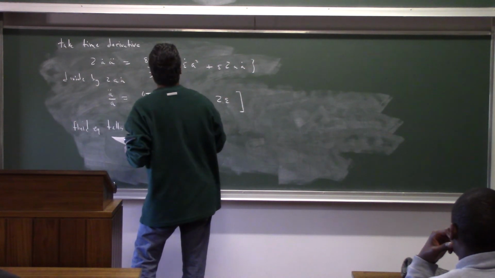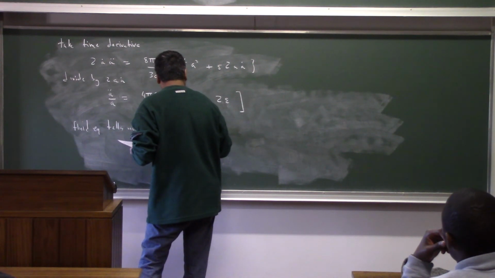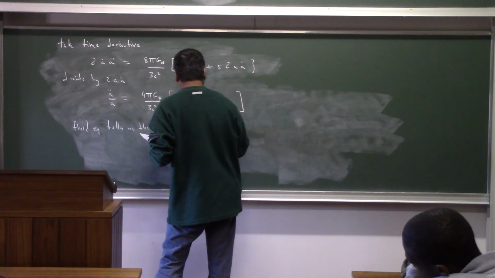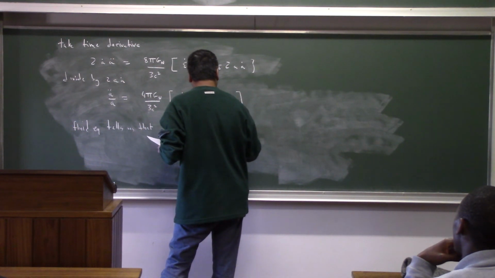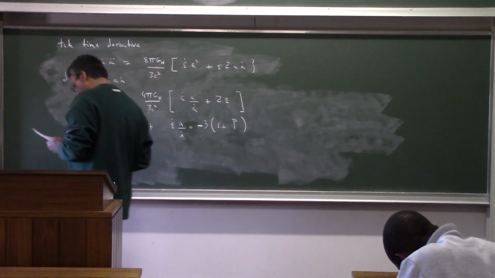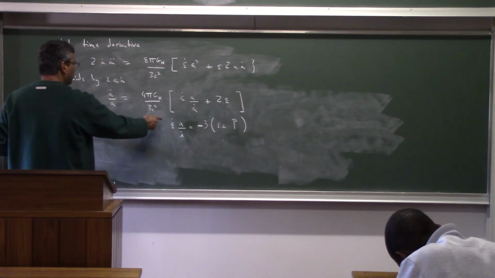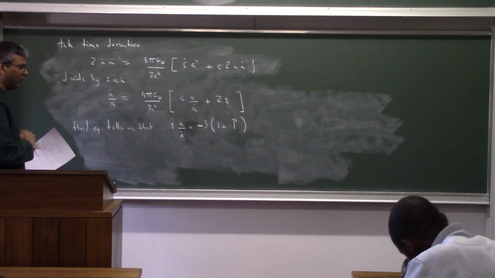So epsilon dot a over a dot equals minus 3 times epsilon plus pressure. So we'll substitute this expression in for here in the previous equation.